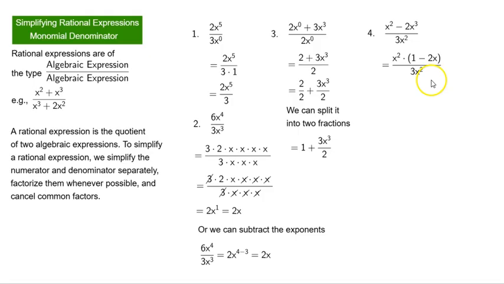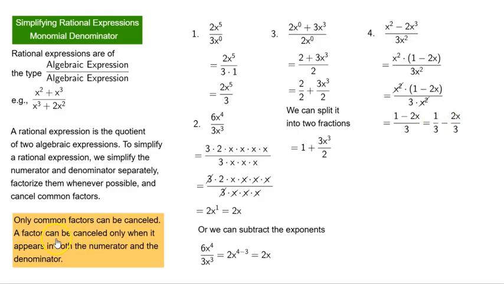Now in the numerator and the denominator we have x square as a common factor, so we can cancel them. And we are left with 1 minus 2x by 3, which, as we saw in the previous example, we can split into 1 by 3 minus 2x by 3. Of course, we can write it in this way also and in this way as well.